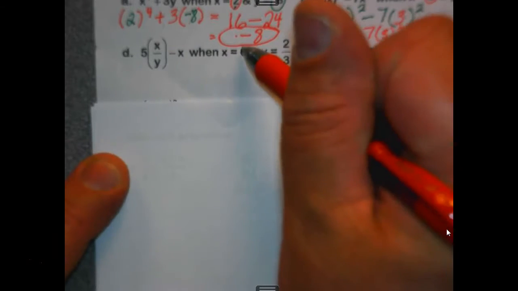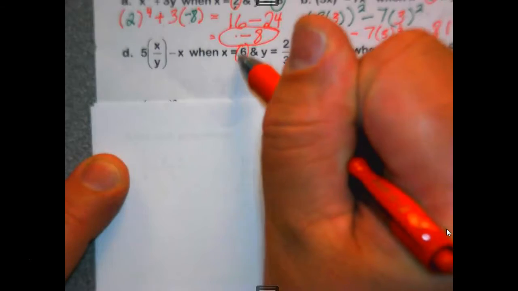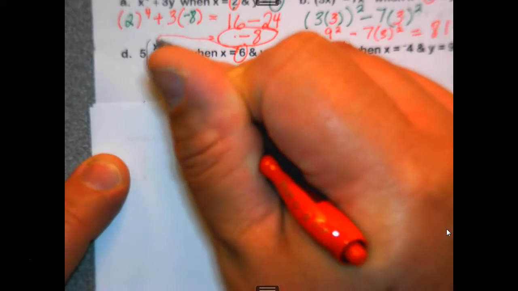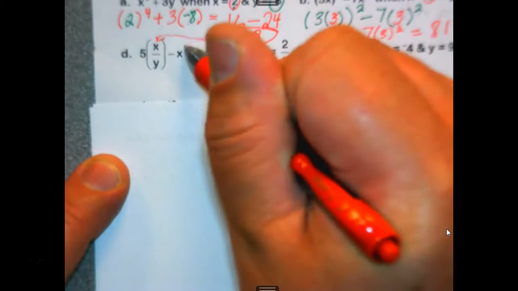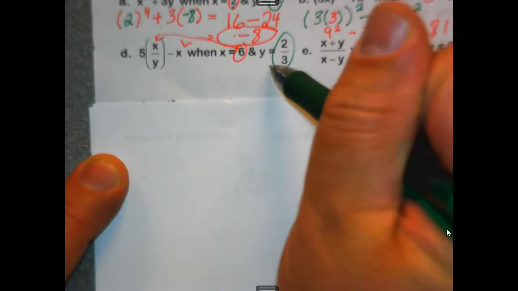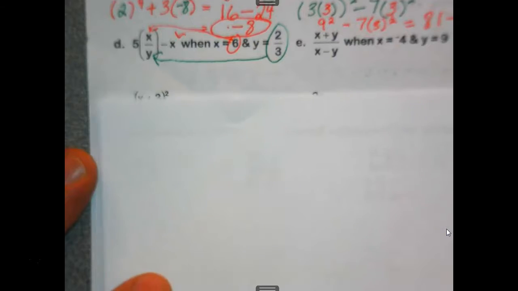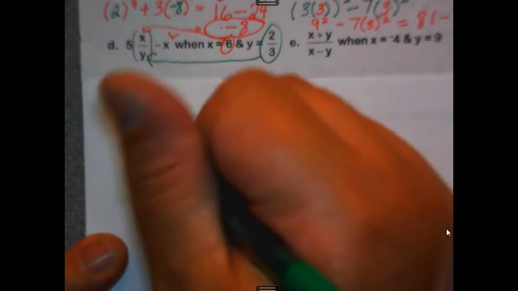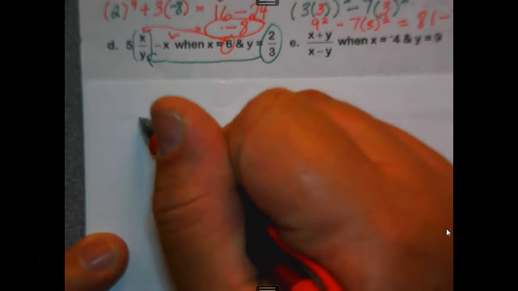Okay, my x is 6, so I'm going to substitute that in here and here. My y is 2/3, so I'm going to substitute it in there. Ready? Here's 5.